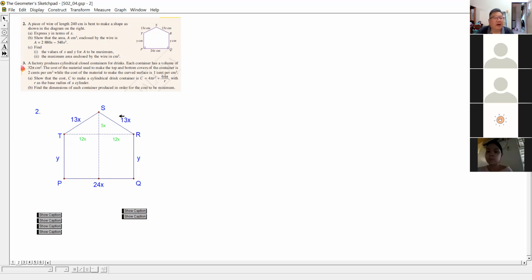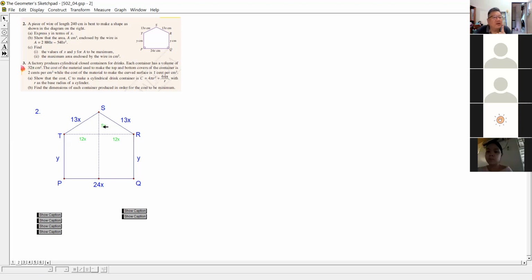Now, I copy down this diagram here. Those lengths I label in blue color are originally from the question. It's not something that I have found.